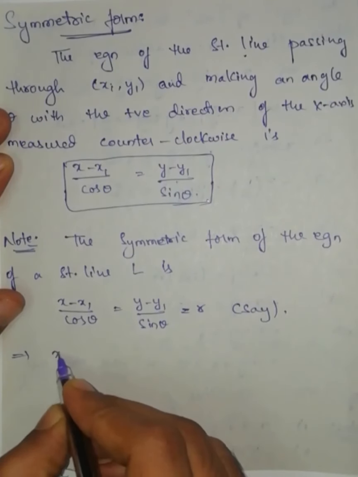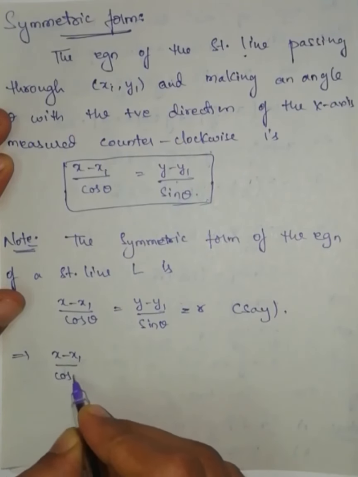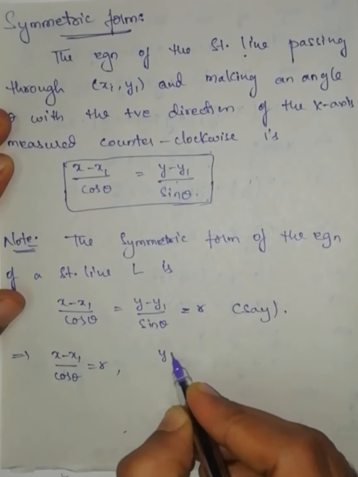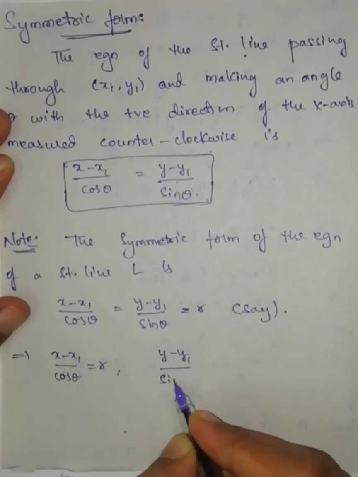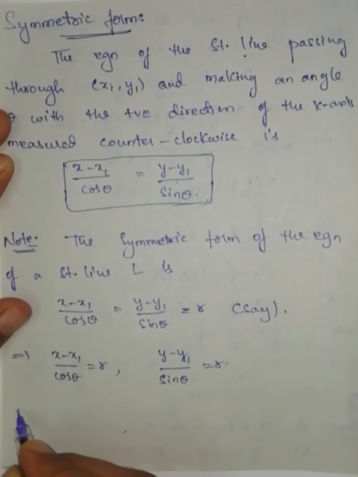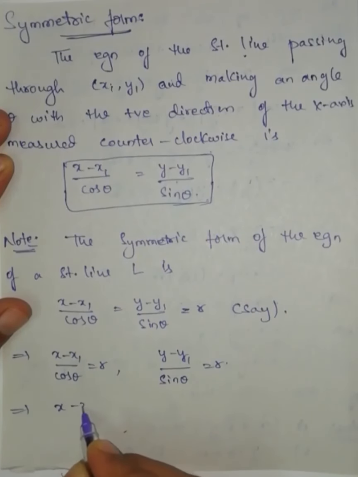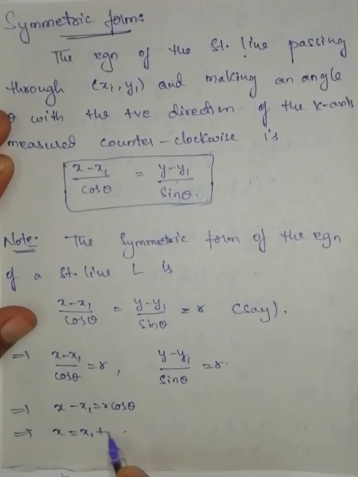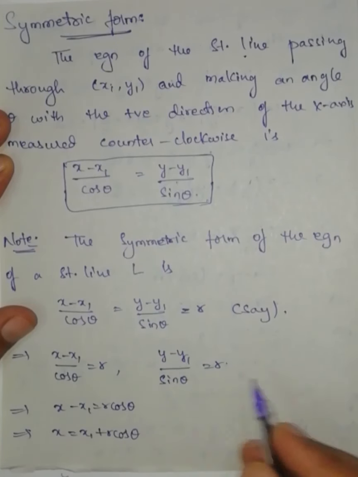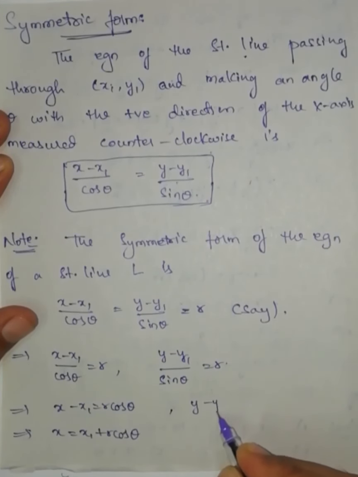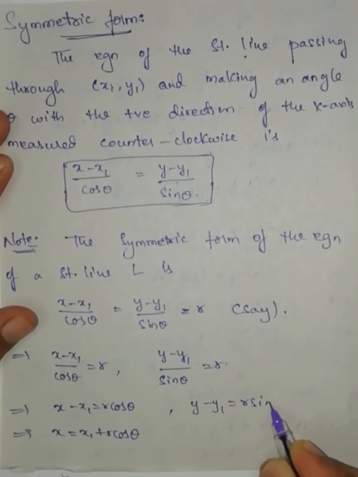This implies x minus x1 by cos theta is equal to r, y minus y1 by sin theta is equal to r. This implies x minus x1 is equal to r cos theta. This implies x is equal to x1 plus r cos theta. And here y minus y1 is equal to r sin theta and y is equal to y1 plus r sin theta.